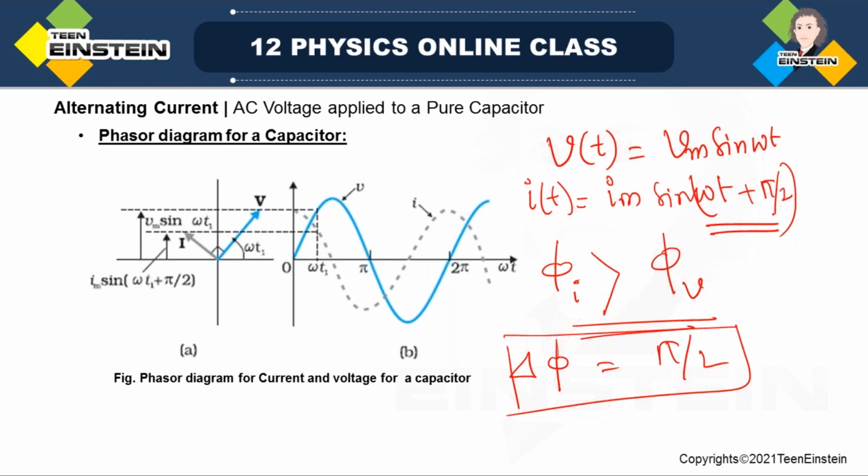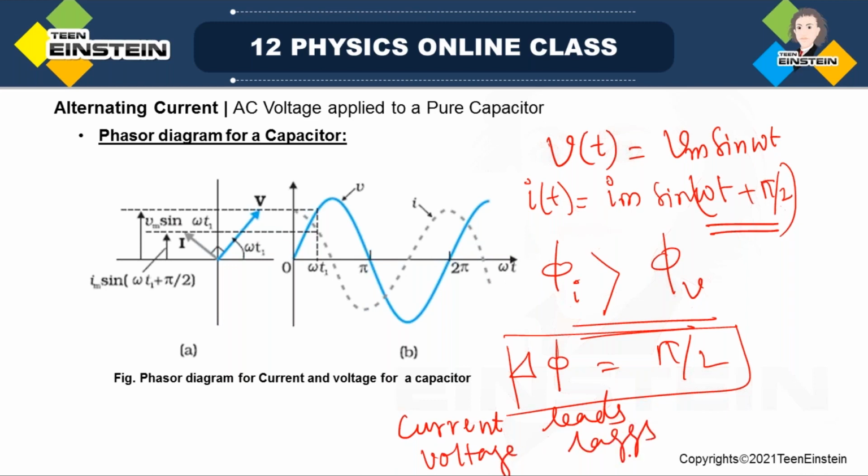So the current is leading. Current is leading in the capacitive circuit, purely capacitive circuit. Current leads, and voltage lags.